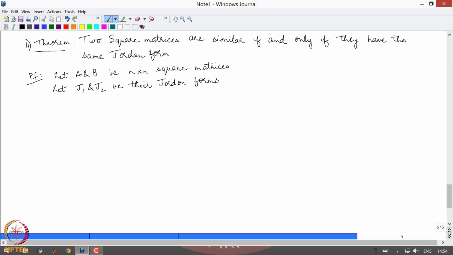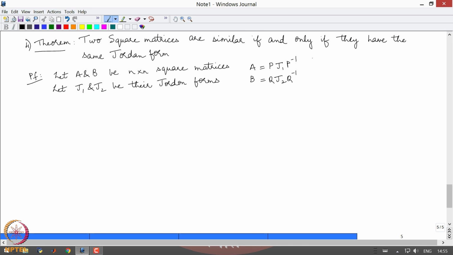Which means that I can write A as P J1 P inverse, and similarly B as Q J2 Q inverse.